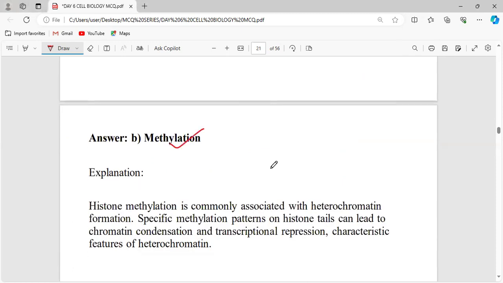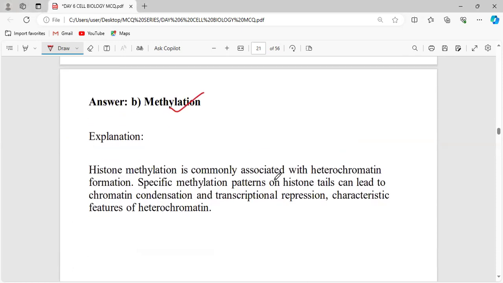Very good. Methylation is the histone modification associated with heterochromatin formation. Methylation happens in the histone tails. This leads to the chromatin being condensed and the transcription being repressed, so it is inactive.